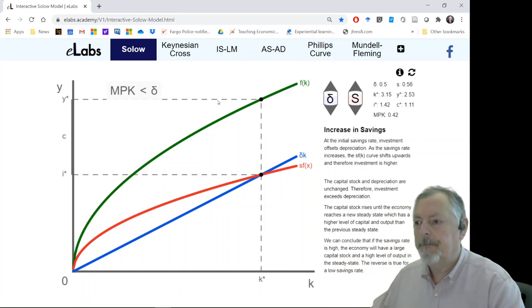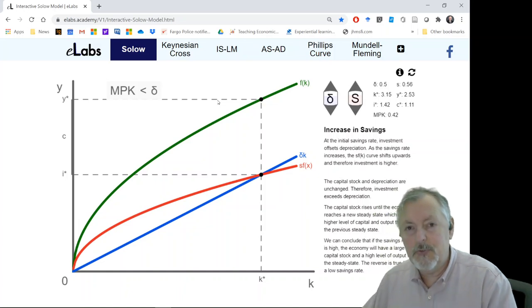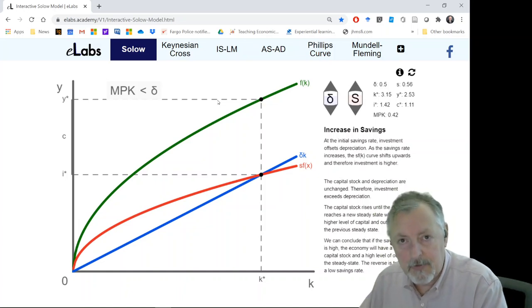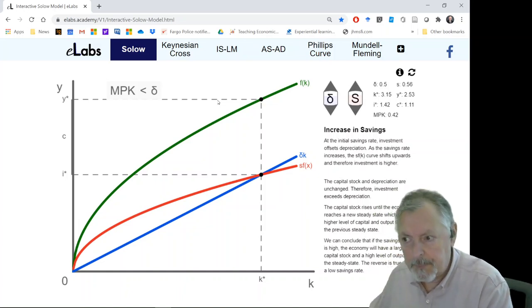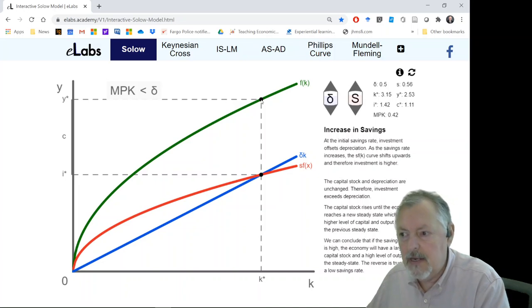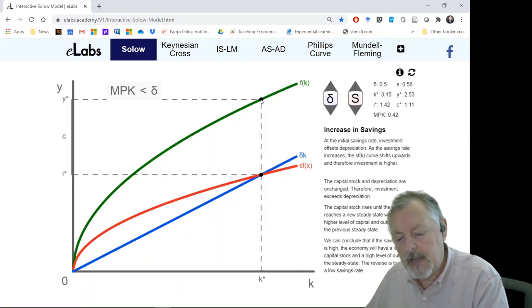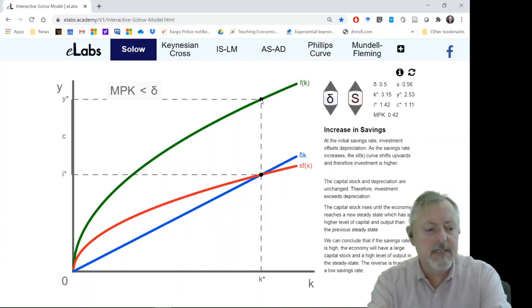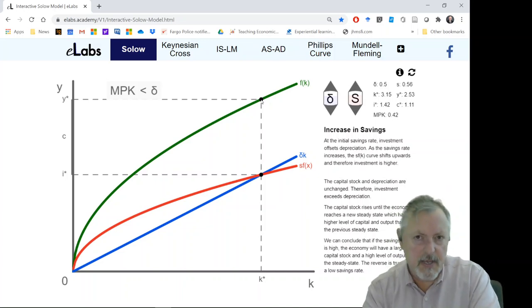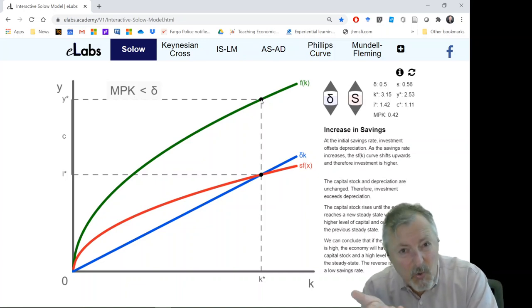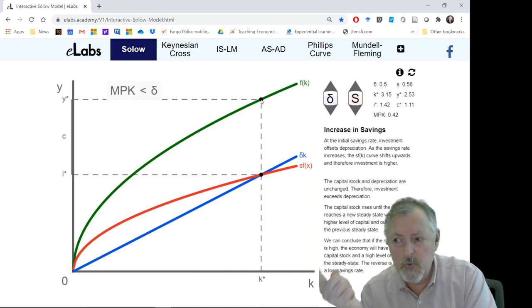But the savings rate has to stay at that higher level forever to maintain this new steady state level of output per worker. What it means is if you increase the savings rate, the standard of living will go up, but it'll only go up to a certain point, the new steady state.